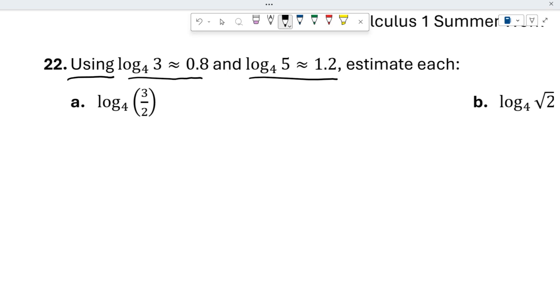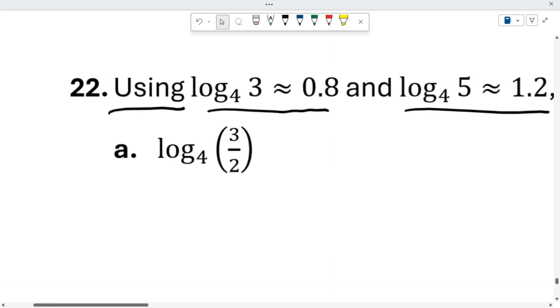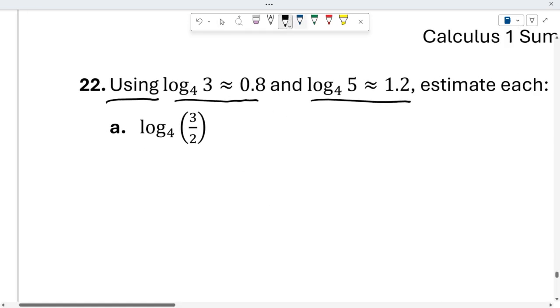What we have here is essentially the log of a quotient. If you take a look at what's being fed into the logarithm, we have 3 divided by 2. Now again, that does equal 1.5 or 3 halves, but ultimately 3 halves is a quotient, which means we can use the quotient rule for logarithms to expand this out a little bit.